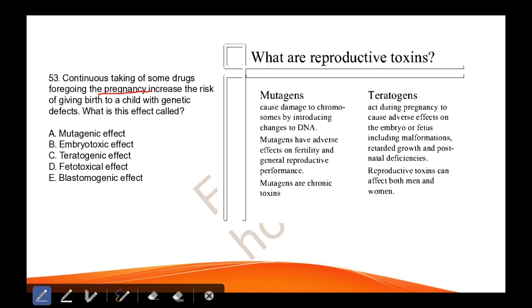The pregnant woman was taking some drugs that affected the baby after giving birth, and it led to a genetic defect. So genetic means a DNA defect. And the mutagenic effect is actually the chromosomal impairment or the DNA problems.